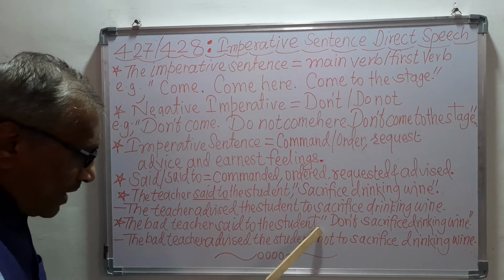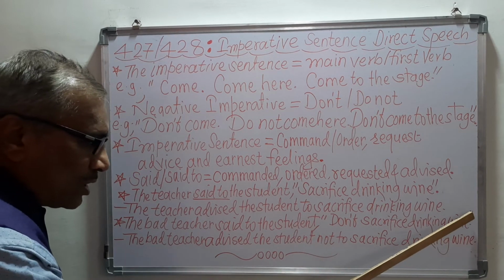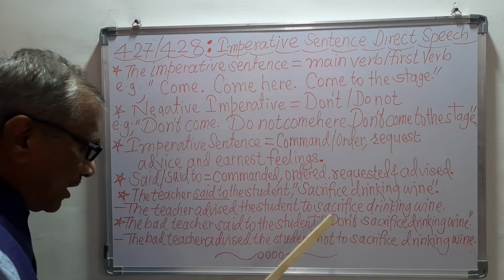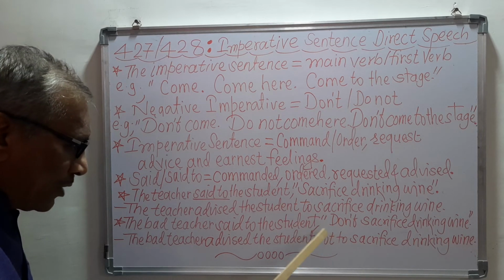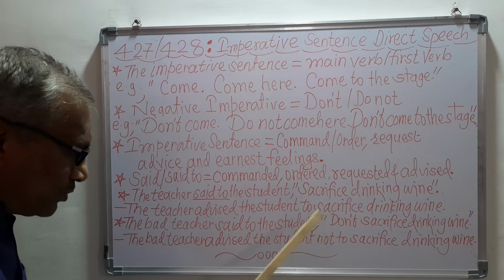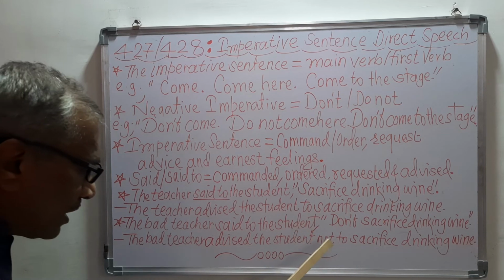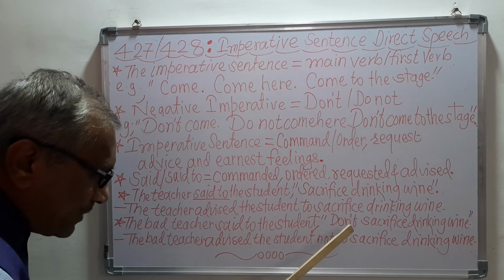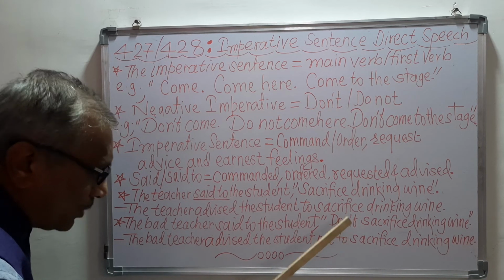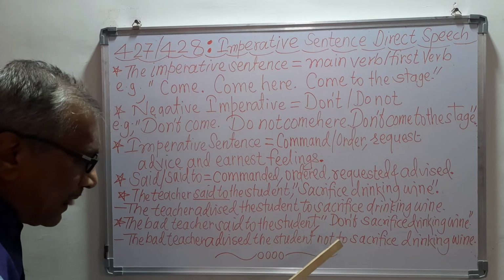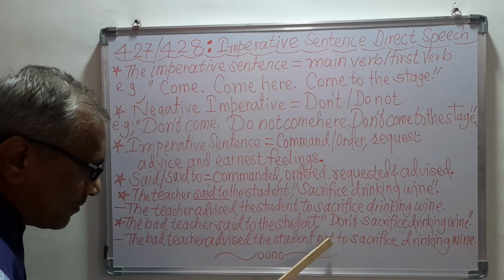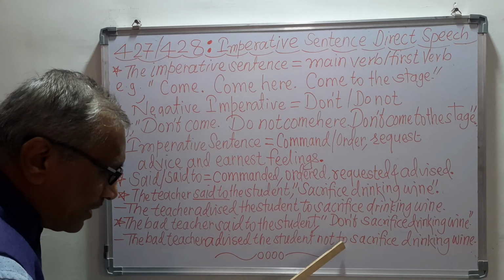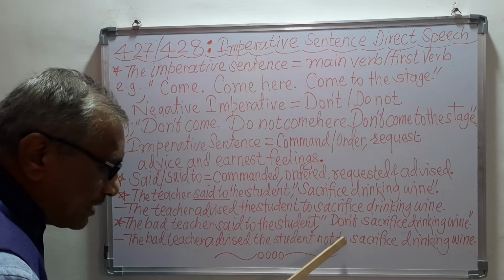Then the comma and inverted comma I have cancelled, or removed, and there I have put "not", because "don't" has become "not", and this sacrifice is here, and I have made the infinitive of this sacrifice.